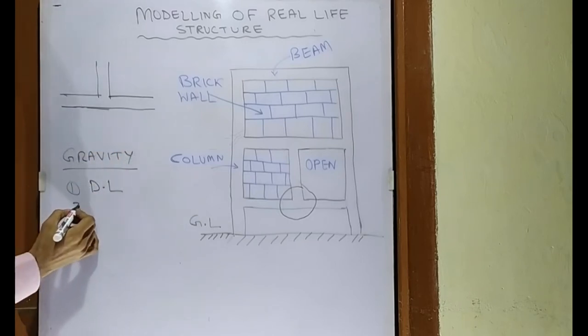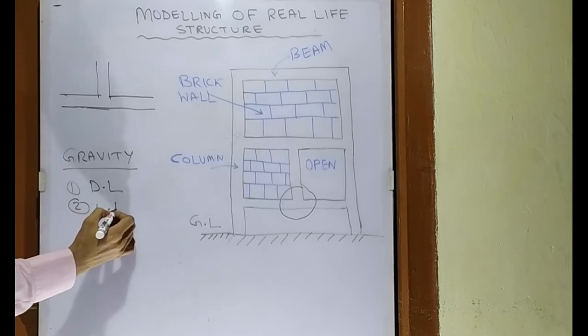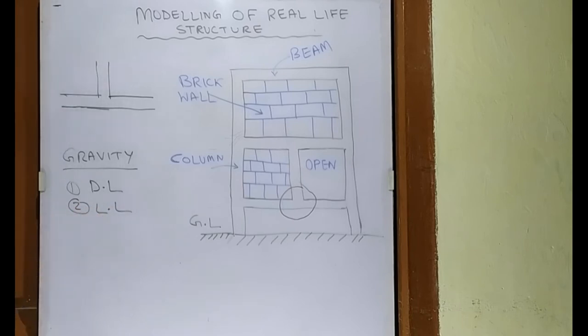The next important load is live load. What is live load? As you can understand from the name, live. Live load is the load which a structure will have to support in its lifespan. It is a very simple loading. Live load comprises the load of people who will live in the structure.